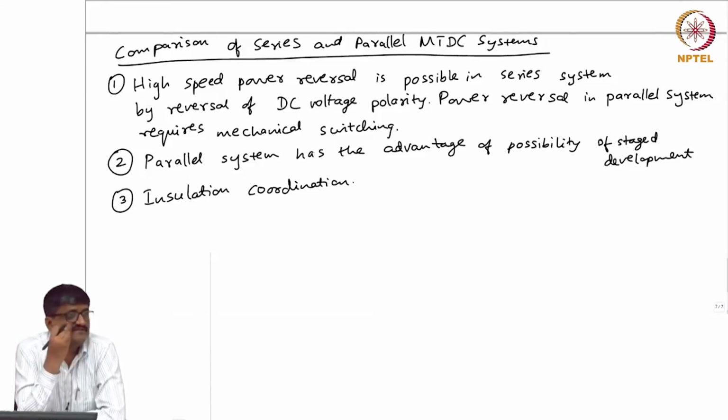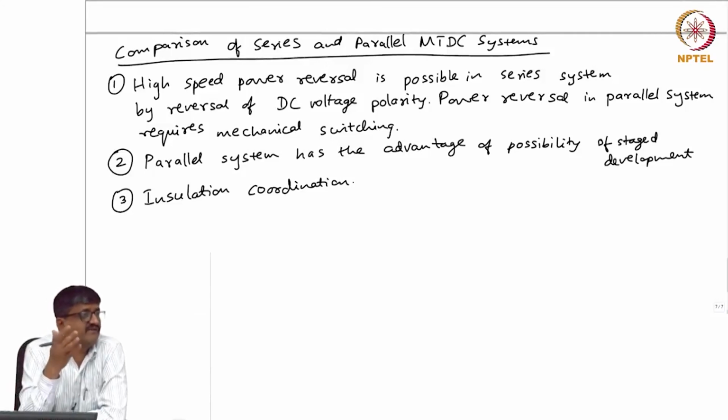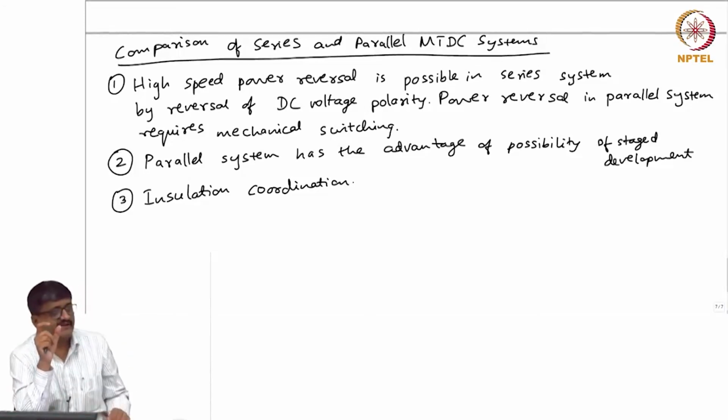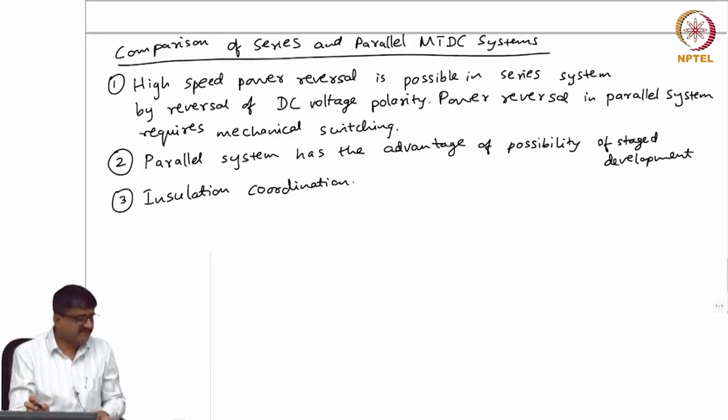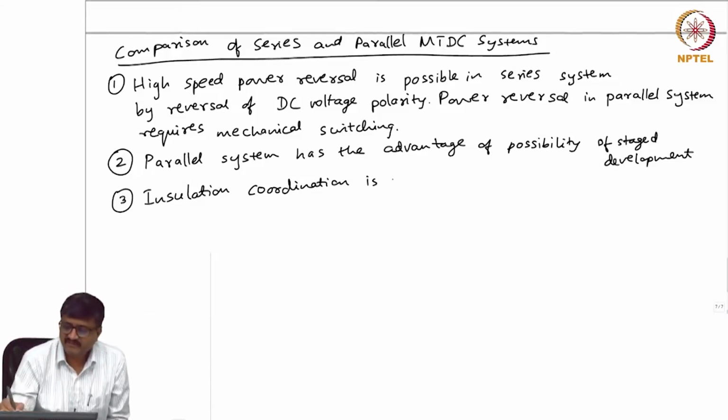In a series system, the insulation at any point is dependent on the current that is flowing. Though the current is constant, the voltages are actually variable. The voltage which is produced by the converter is a variable. So, insulation coordination is a problem in a series system.